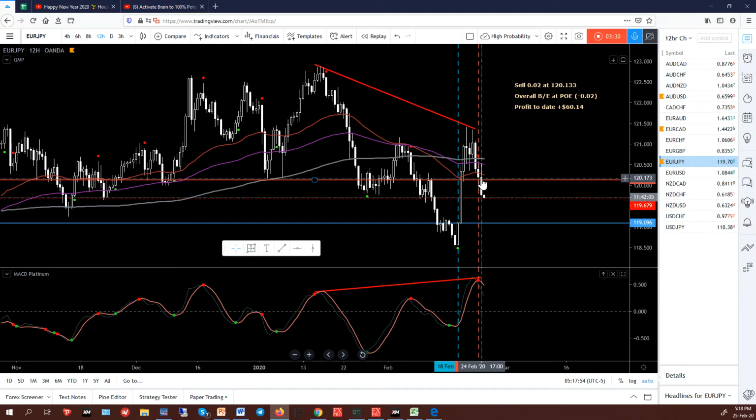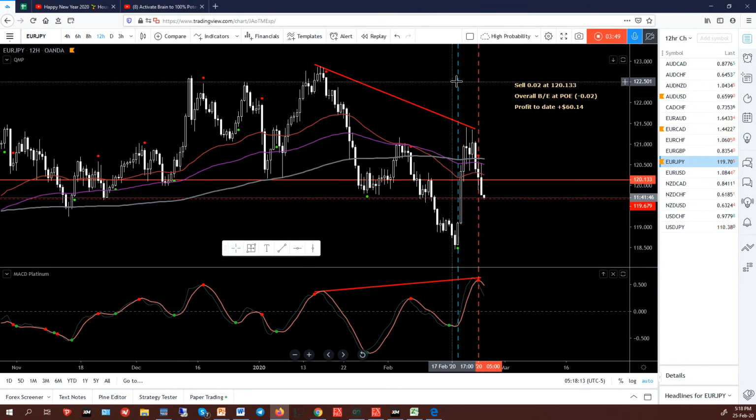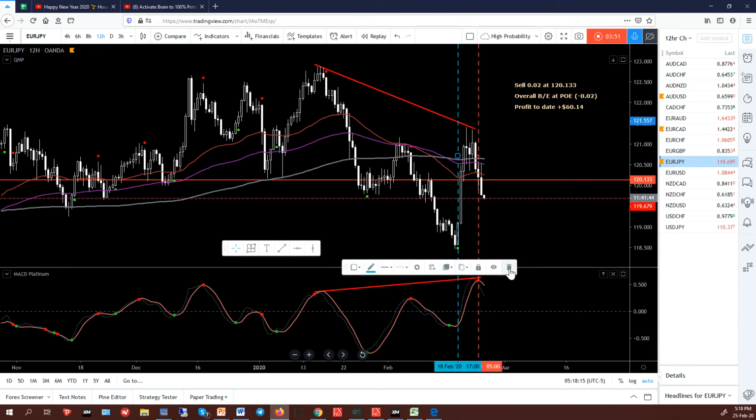I'll just check my notes. Euro Yen. No, that was this morning. So just over 12 hours ago, I took a sell. It's gone down nicely. But the problem is my remaining buy, my stop, this red line, has just been stopped out. So this buy trade is no longer in play. That's been stopped out, which is good.